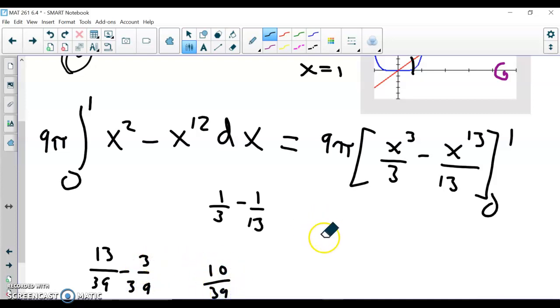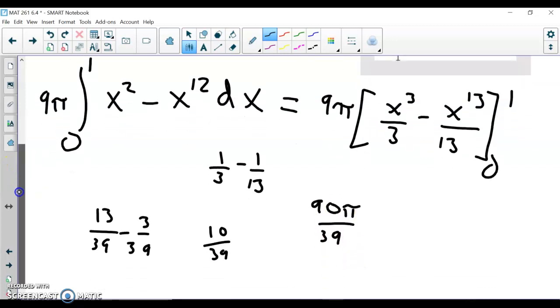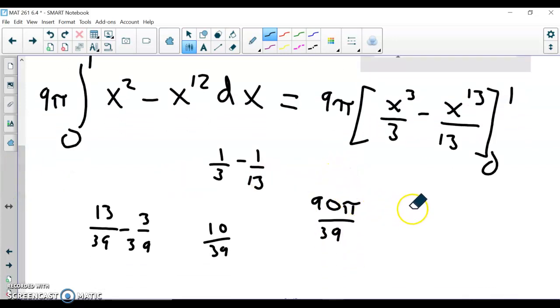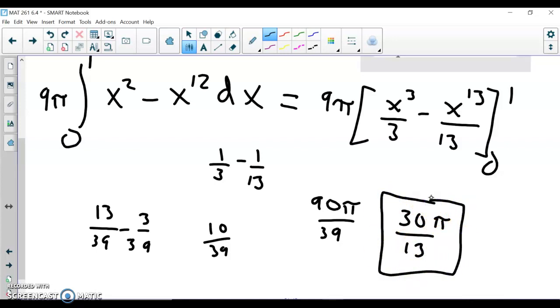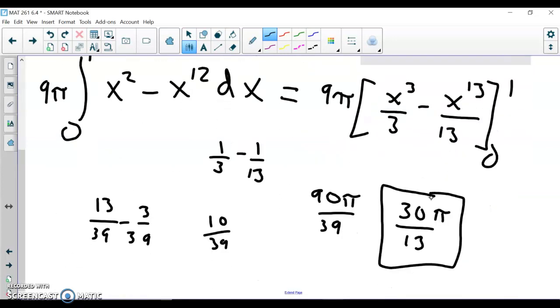Okay, so we're talking 9 times 10 is 90 pi over 39. I'm sure I missed a common factor of 3 there. I did. So we're talking 30 pi over 13 should be the answer. Okay, hopefully that helps, and take care.